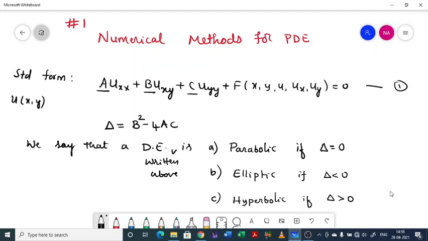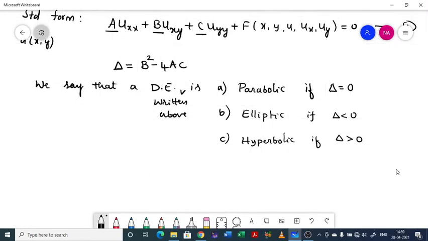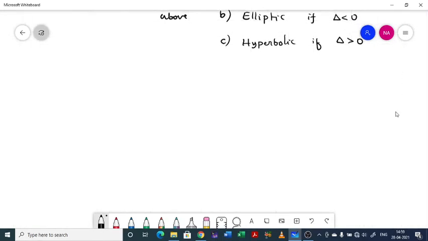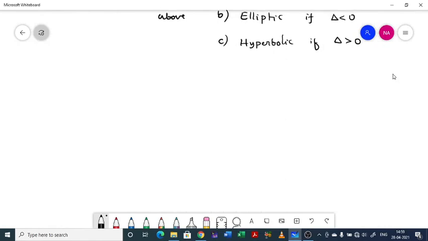So depending on the sign of the discriminant, we have classified these into three groups: hyperbolic, elliptic and parabolic. Parabolic means equal to 0, elliptic means negative, and hyperbolic means positive, greater than 0. Next, let us look into some examples.